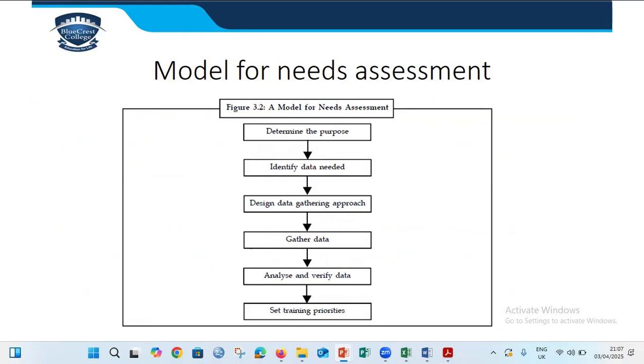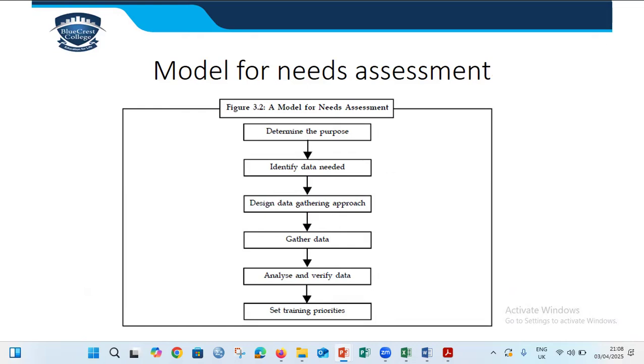Okay, so this shows a model for training needs assessment. The first step is to determine the purpose, right? So you should be able to determine the purpose for which you want to identify gaps in the organization. Once you determine the purpose, you also identify the type of data that you need.